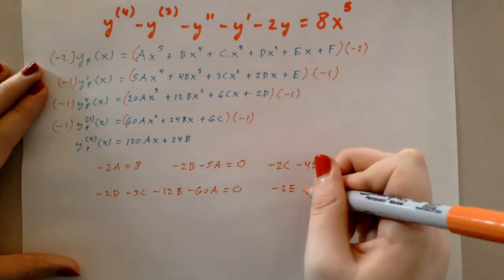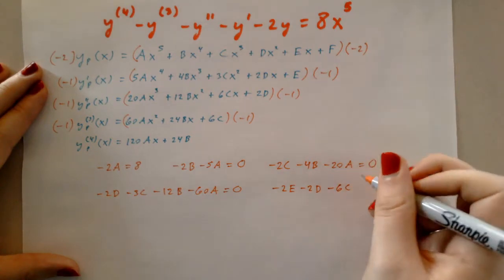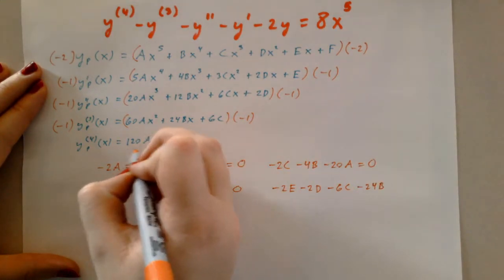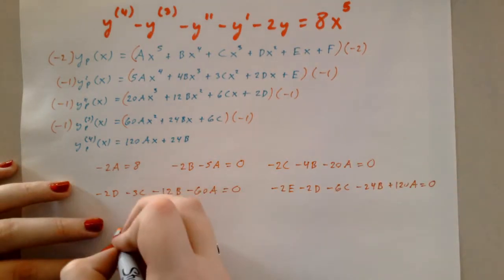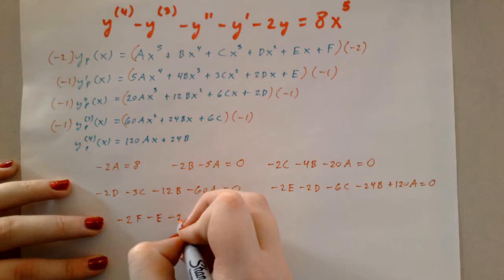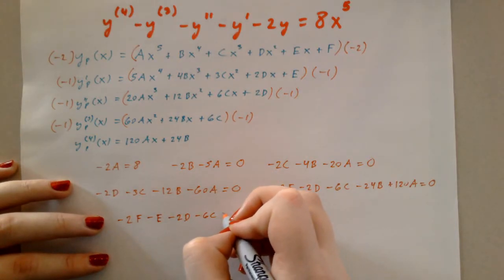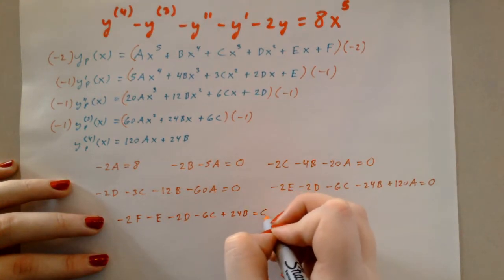Here we have -2d. Here, -6c, -24b, and positive 120a. Finally, we'll go to our constant terms. We have -2f minus e minus 2d minus 6c plus 24b is also equal to 0.